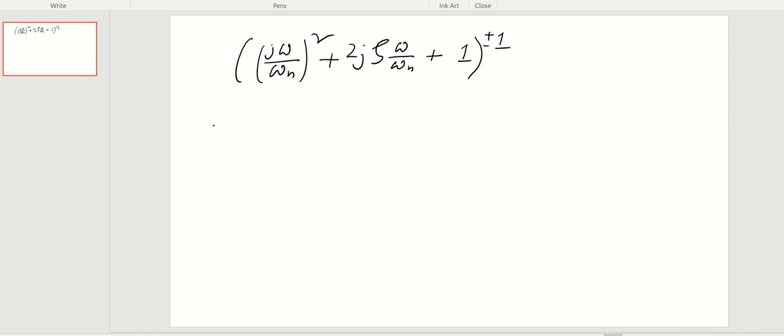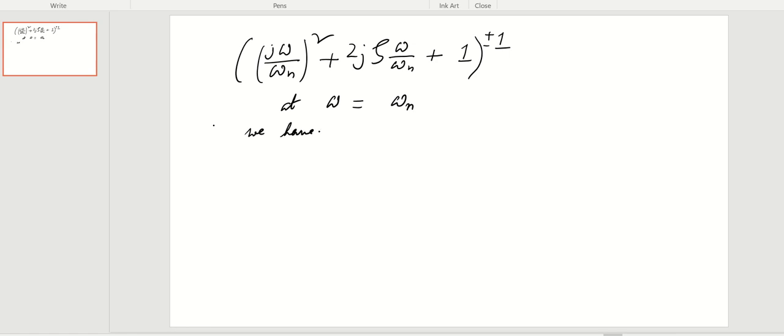Again, the plus minus 1 just signifies whether it's a 0 or a pole respectively. So what are the critical points for this?